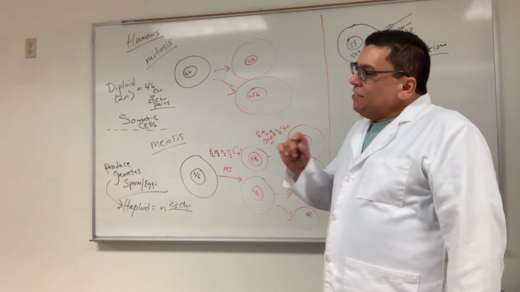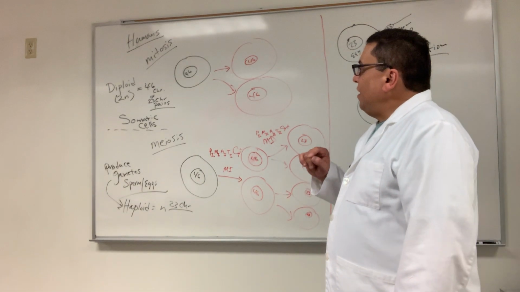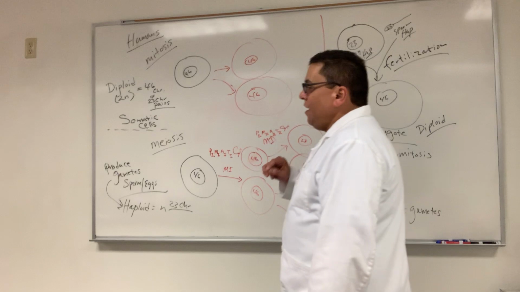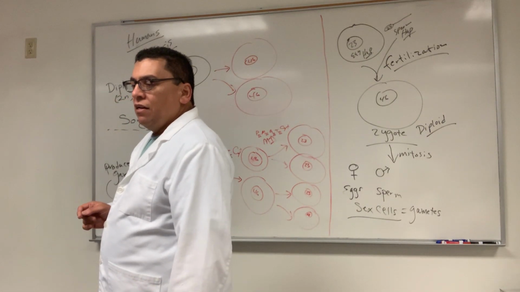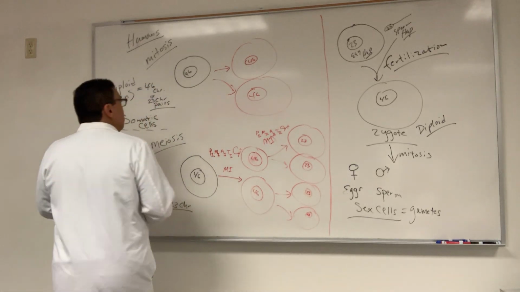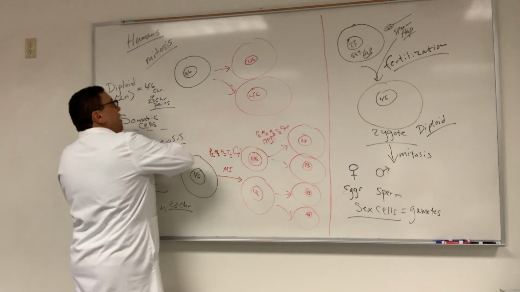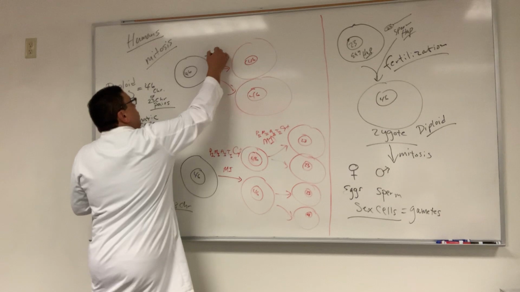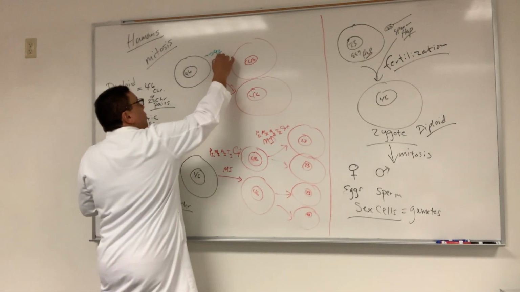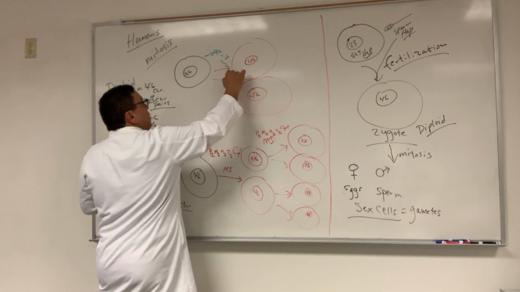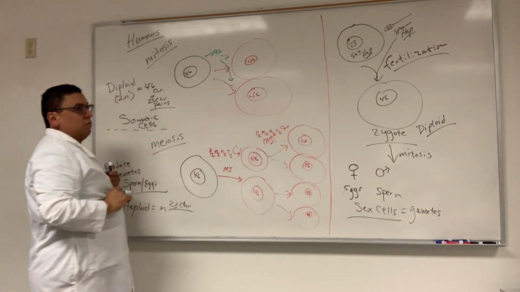We said, listen to this one please, that during the cell cycle, the DNA duplicates. Do you remember that? In which phase? Synthesis, the S phase. So in the S phase, this one went to 92, remember that? And then it went through mitosis and divided into 46 and 46.